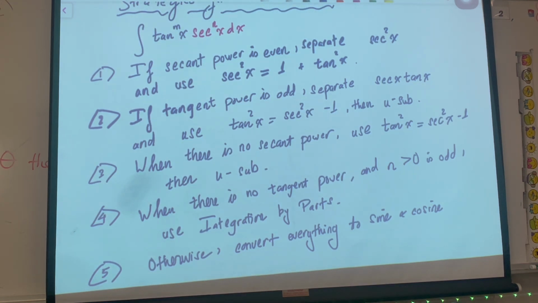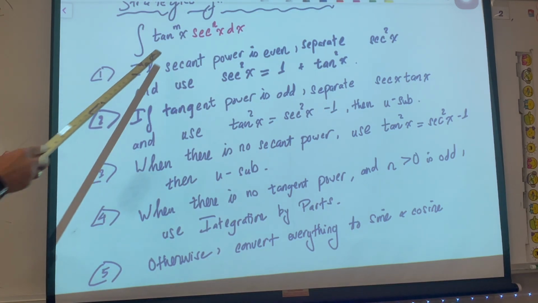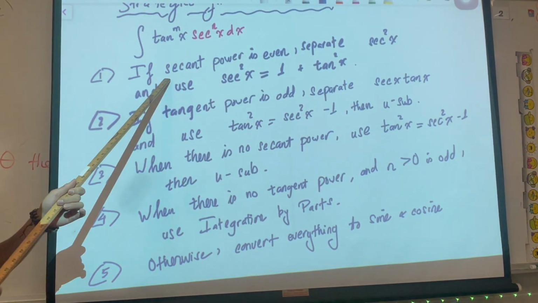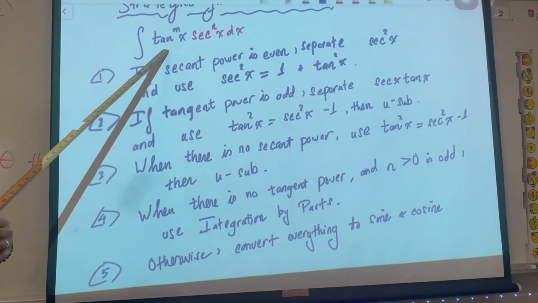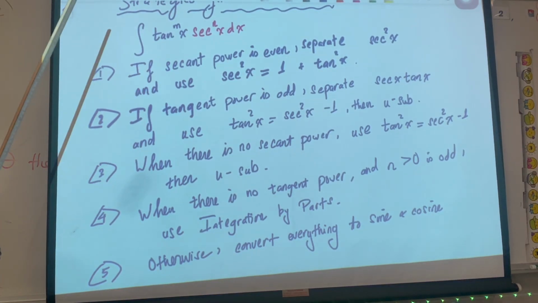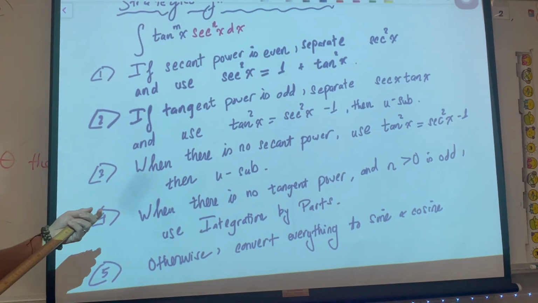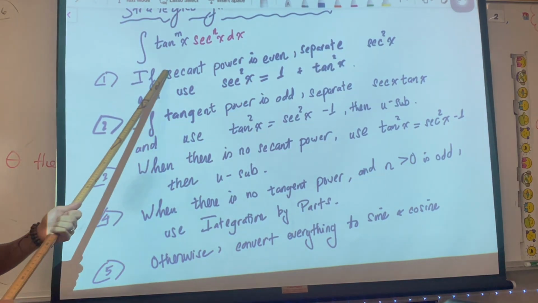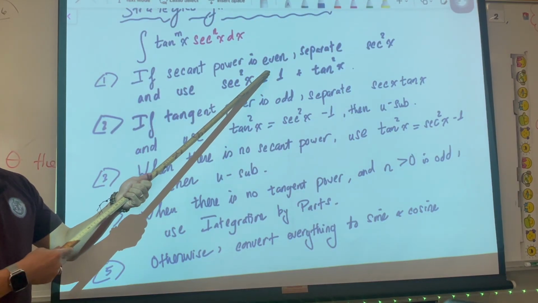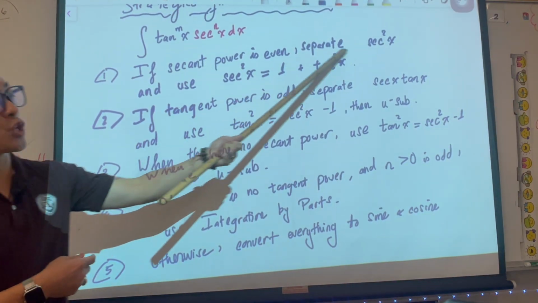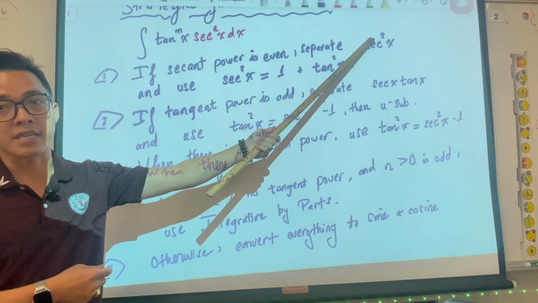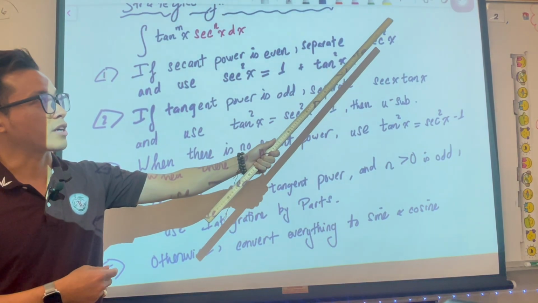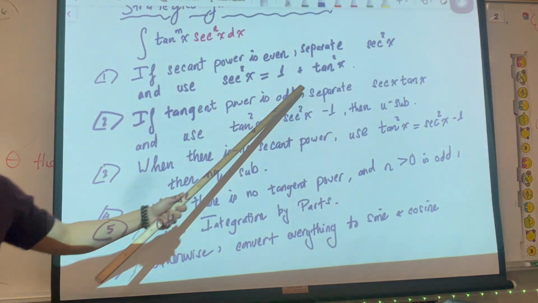So let me summarize. When you see this form, tangent and secant, it's similar to sine and cosine, if you change everything to sine and cosine. If the secant power is even, we're gonna save 2 secants, secant square, because we're gonna convert the rest into tangent.